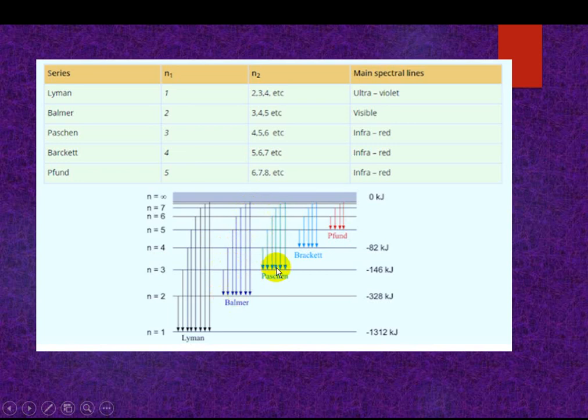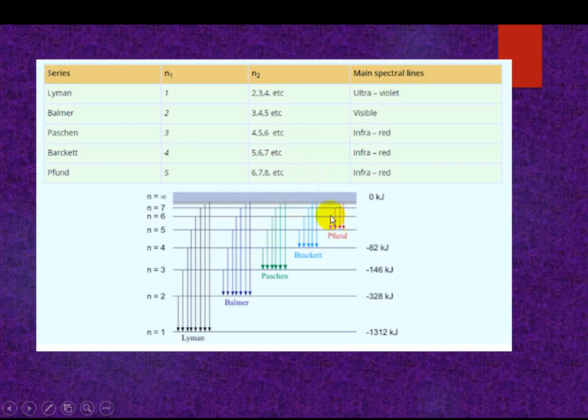When n1 equal to 3 and n2 equal to 4, 5, 6, 7, 8, it is called the Paschen series: 4 to 3, 5 to 3, 6 to 3. And when electrons come from 5 to 4, 6 to 4, 7 to 4, 8 to 4, and so on, it is called the Brackett series.